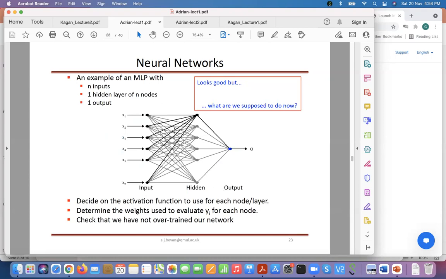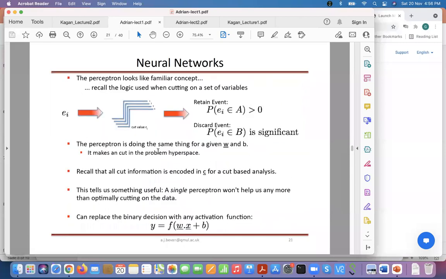Each link that you see comes with a W. For X1, this connection is W11, this connection is W12. The first subscript tells you where it started, and the second subscript tells you where it ended. So you have that many connections, and each connection is a parameter to optimize.